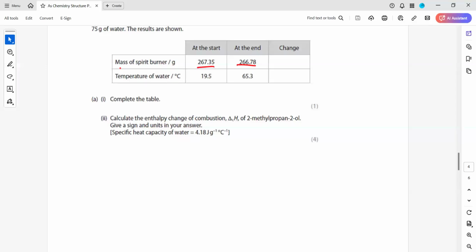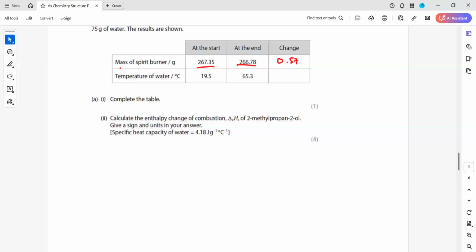You just have to take the difference. That will be equal to 0.57. And the temperature change, you have to just take the difference. The initial was 19, and the final temperature is 65.3. So when you take the difference of the two temperatures, that will be 45.8.